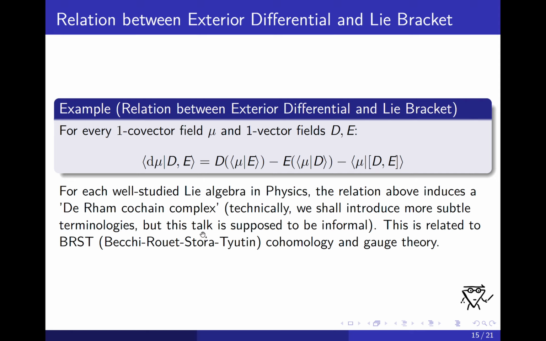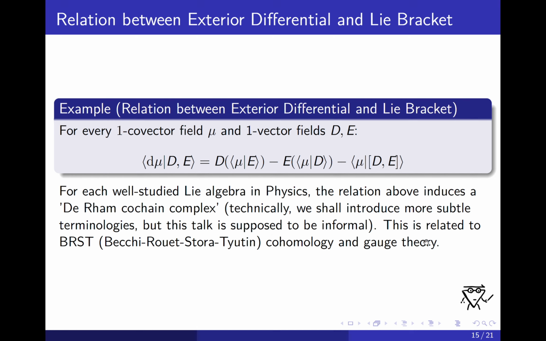For each well-studied Lie algebra in physics, the relation above induces a de Rham cochain complex. We add some quotation marks here, because technically we should introduce more subtle terminologies. But this talk is supposed to be informal, so we don't do this and identify everything.